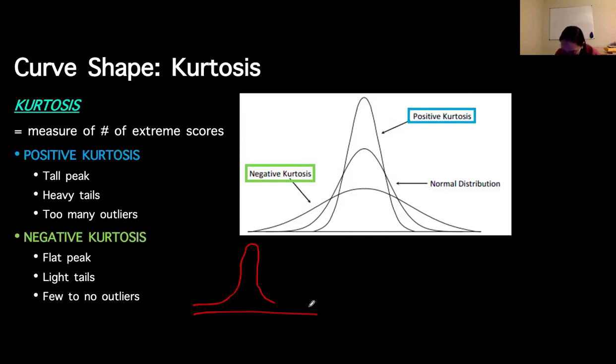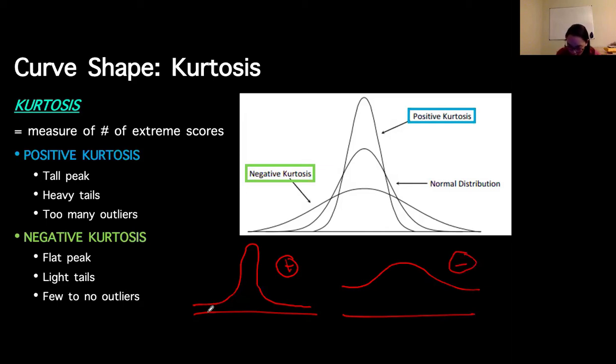It's like an anthill. Okay, so this is positive kurtosis. Negative kurtosis, think of it more of being like this. Okay, so this was negative. Woo! Right?